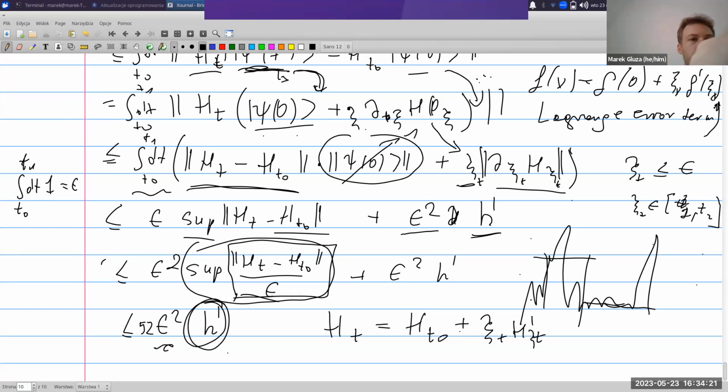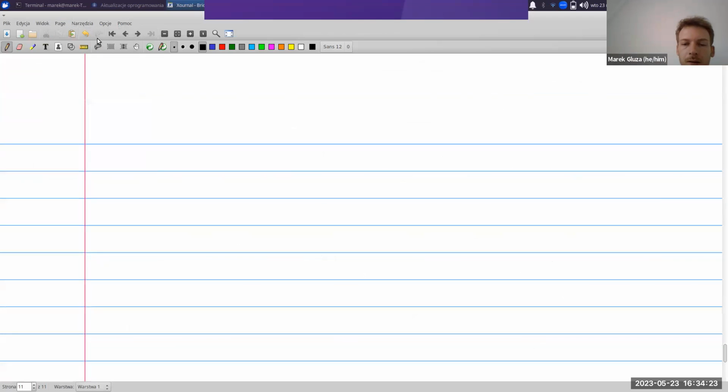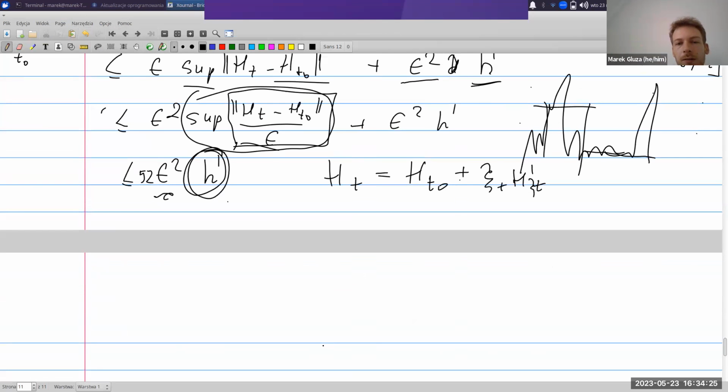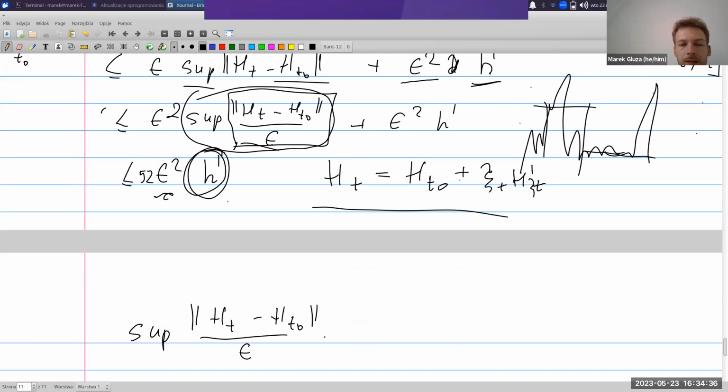Right? So what am I missing in that calculation? Once I use this, if I have my supremum, ht minus ht0 divided by epsilon, I have that this is psi t h psi t. I'm taking the supremum of t and t0 until t1.